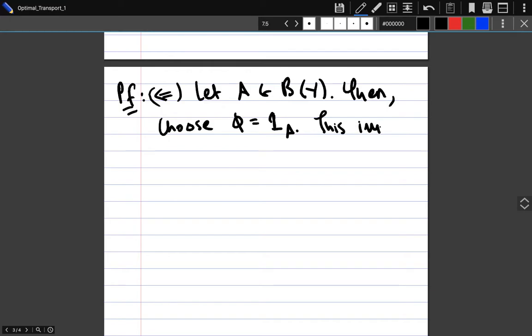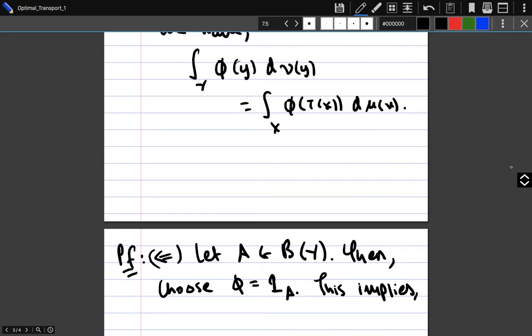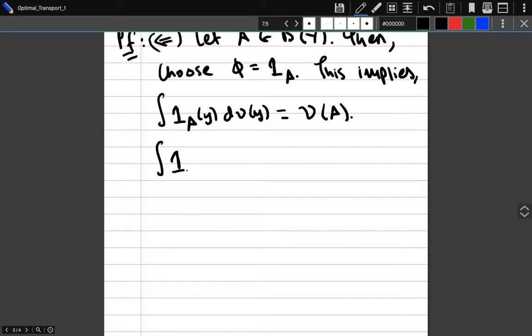Now we just plug this phi into this integral equality, and then you get, so you're integrating the indicator function of A with respect to nu, and this is simply the measure of A. But then if you compose this with T of x, then this is simply the measure of T inverse of A, right?